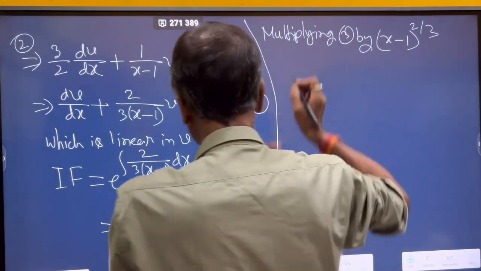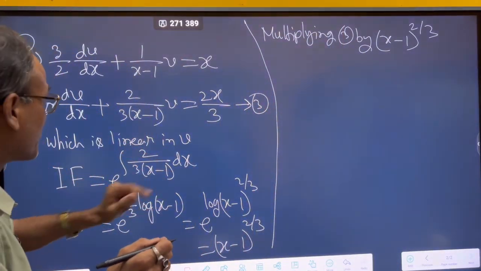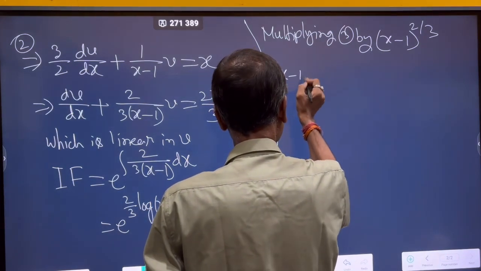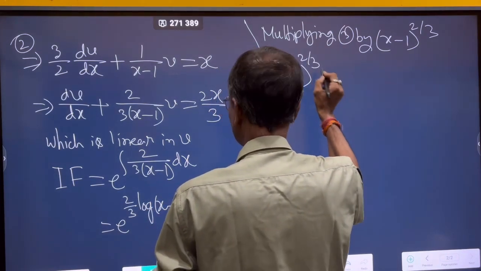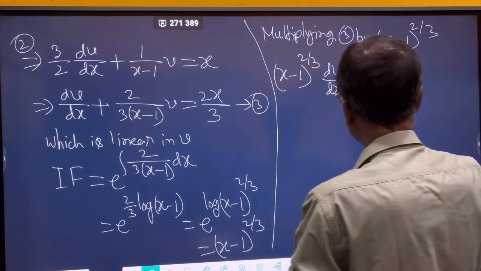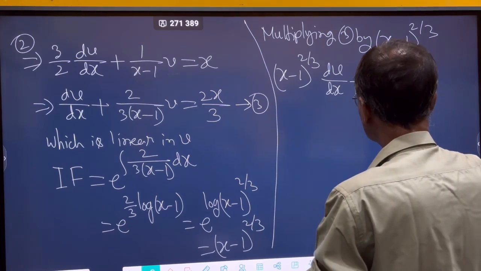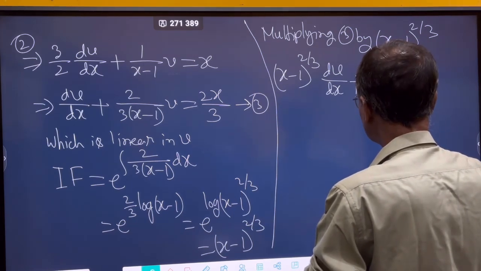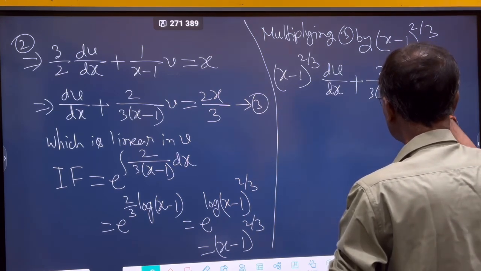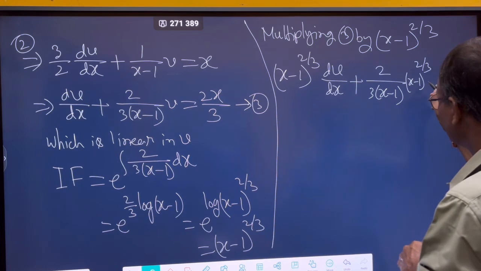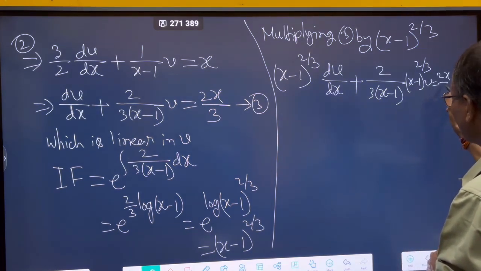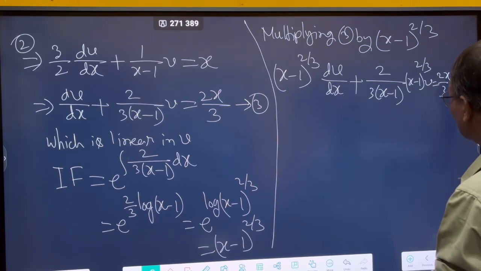Therefore, multiplying 3 by x minus 1 whole to the power 2 by 3: x minus 1 whole to the power 2 by 3 into dv by dx plus 2 by 3 x minus 1 whole to the power 2 by 3 into v is equal to twice x by 3 into x minus 1 whole to the power 2 by 3.